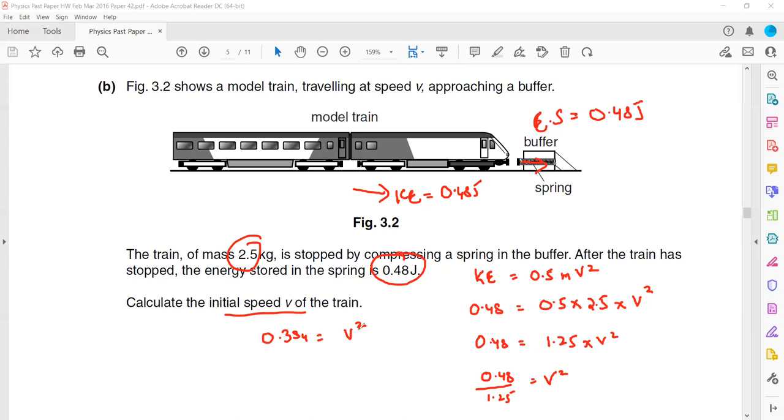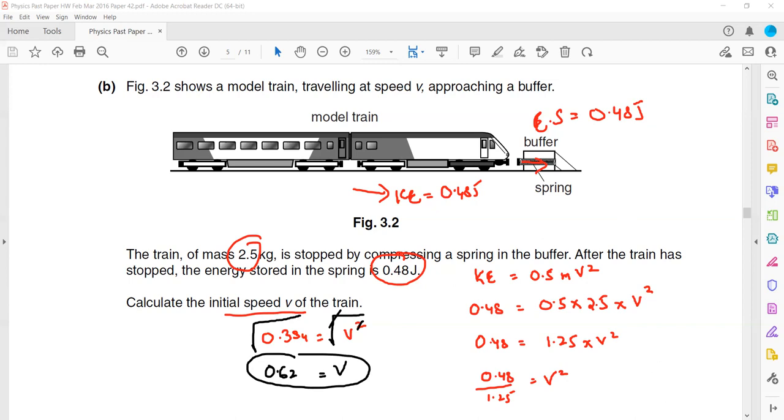To remove the square, we take the square root of both sides, so the square cancels with the root and we are left with v. The square root of 0.384 gives us 0.62 meters per second. So the speed is 0.62 meters per second.